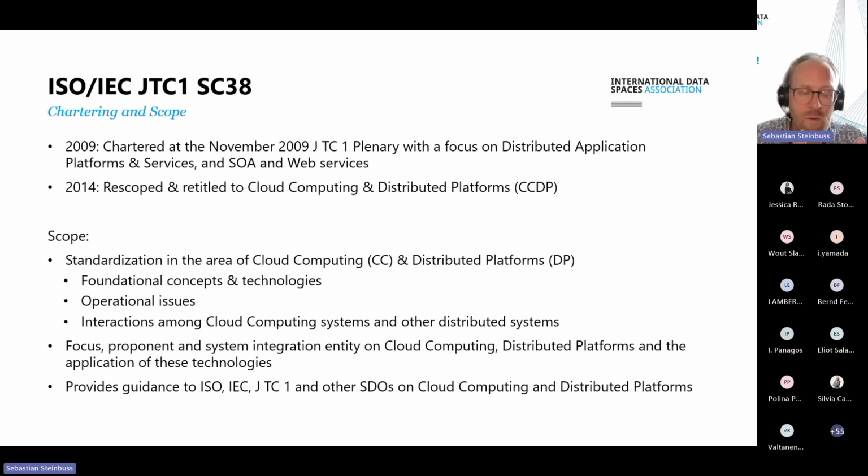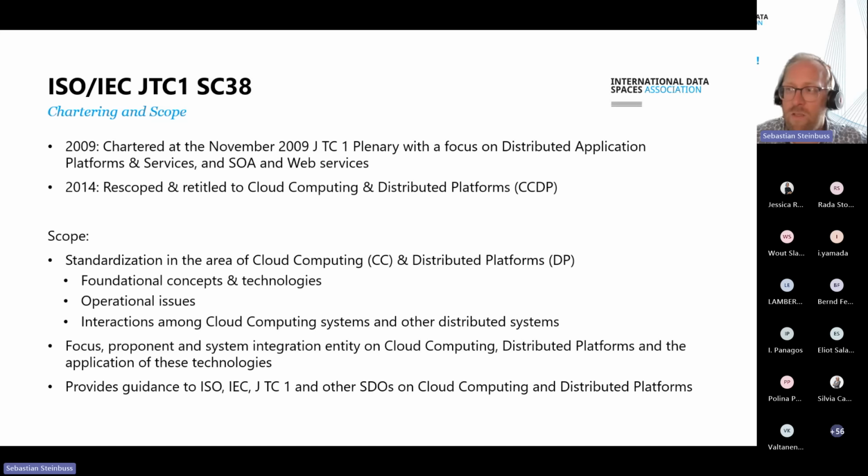Of course, our work here is strongly connected to the whole IoT and edge world. So what is happening in SC41? This is well connected, of course. This is a little bit the field where we're working. The scope of SC38 is the standardization in the area of cloud computing and distributed platforms, working on foundational concepts and technologies, but also operational issues.